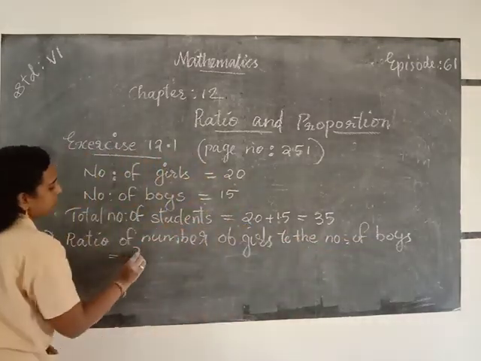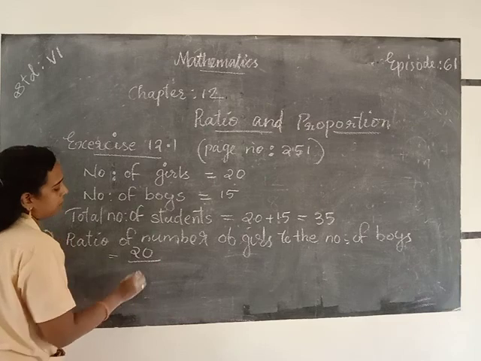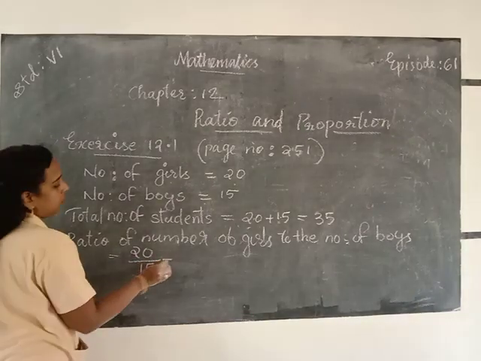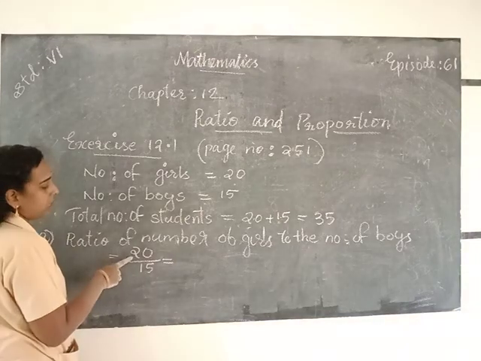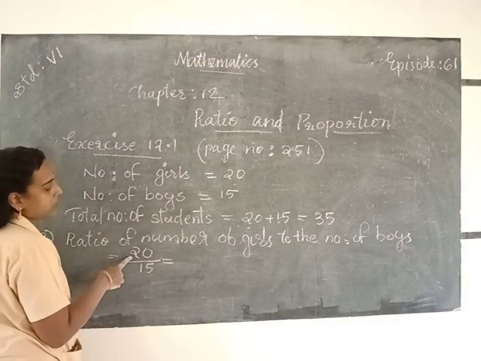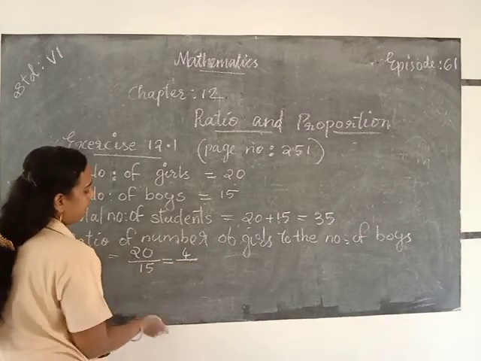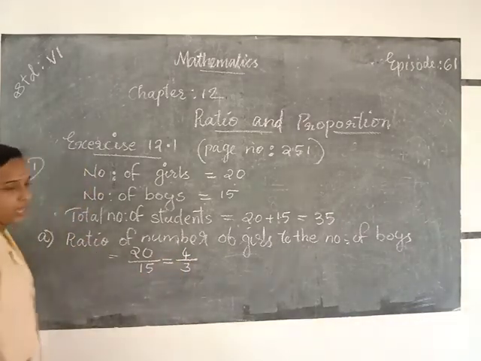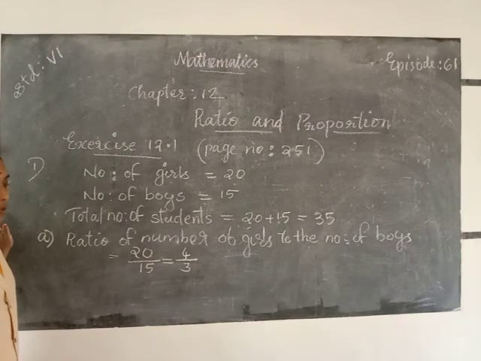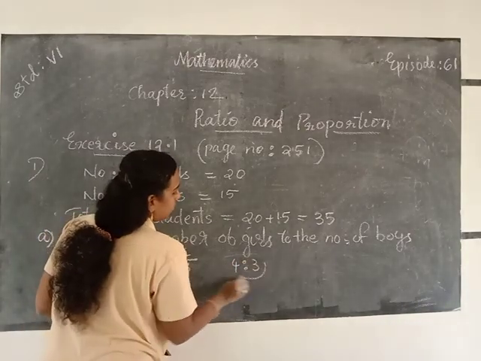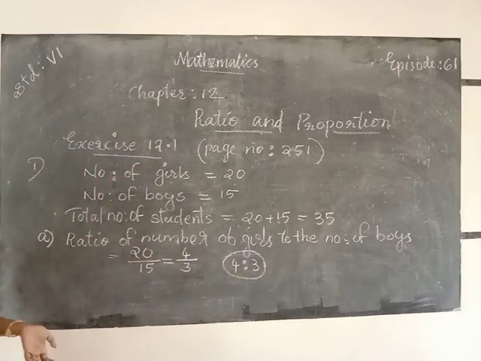Here the number of girls is 20, divided by the number of boys, 15. Here 5 is a common factor. 4 5s are 20 and 3 5s are 15. So the required ratio is 4 is to 3.